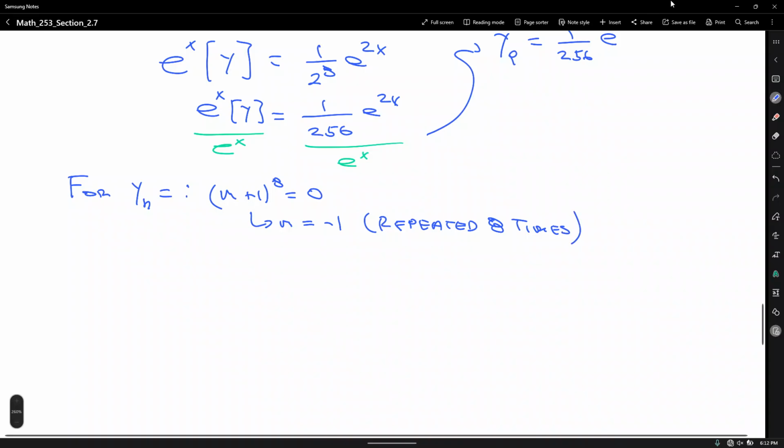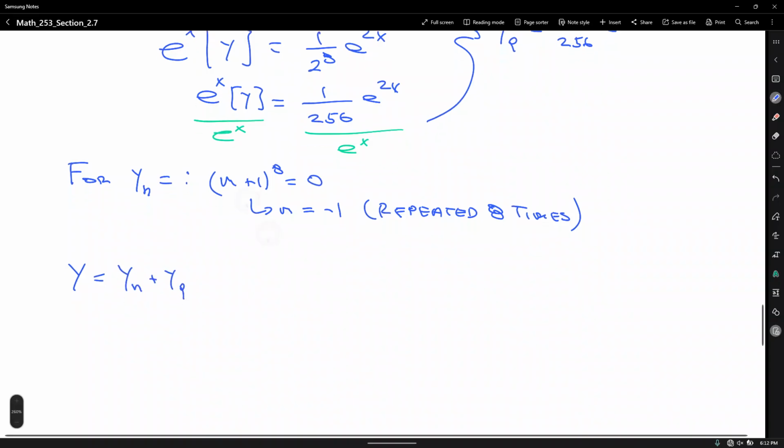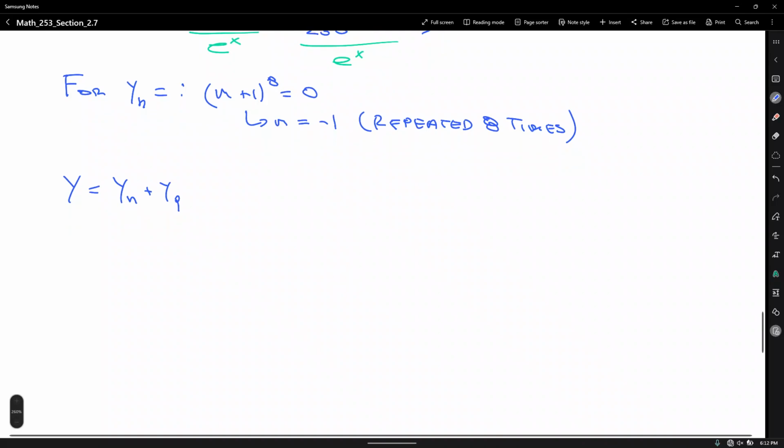Final answer. General solution y equals y sub h plus y sub p. Okay, yeah, it fits.